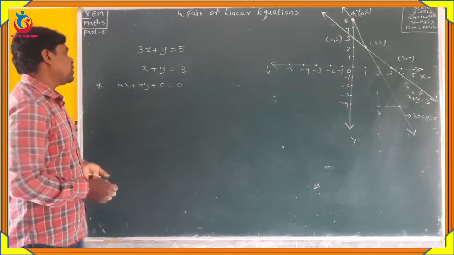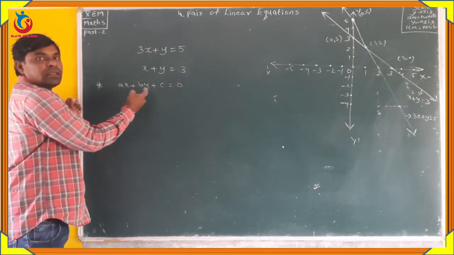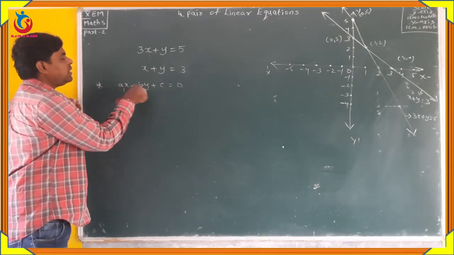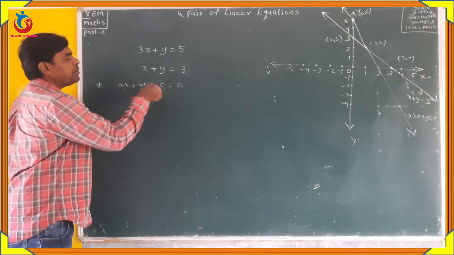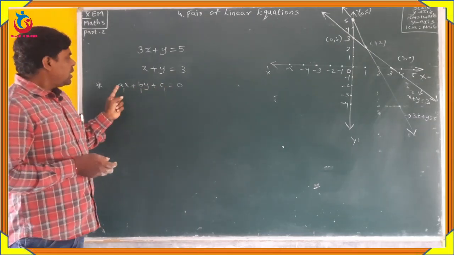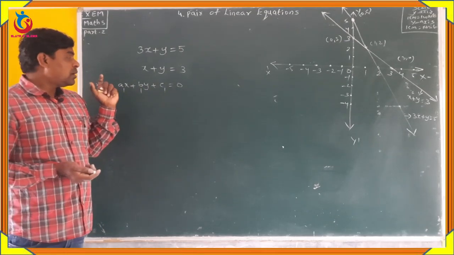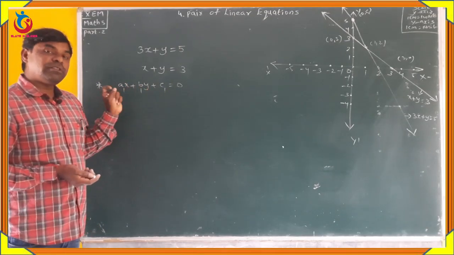This is the general form, and here we are taking the two lines, that is why here we have to write a1x plus b1y plus c1 is equal to 0. You will get one doubt, that a1, b1, c1 are also variables, then how can you say here we have only two variables?